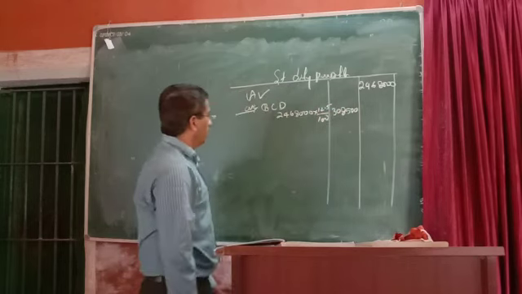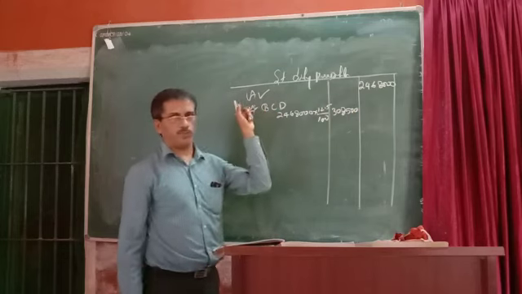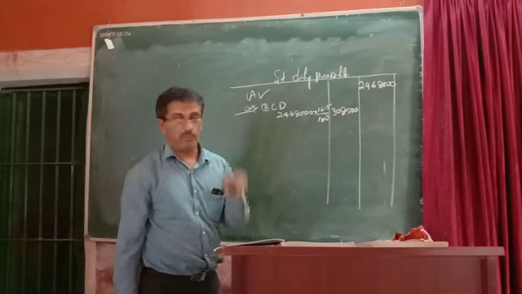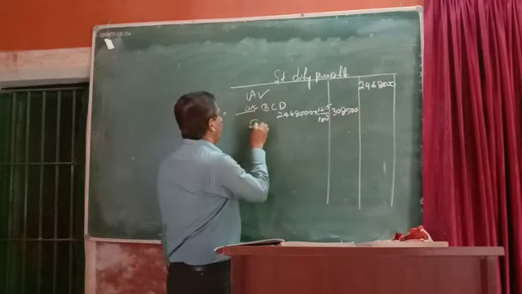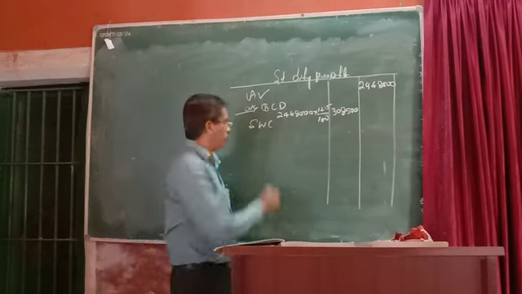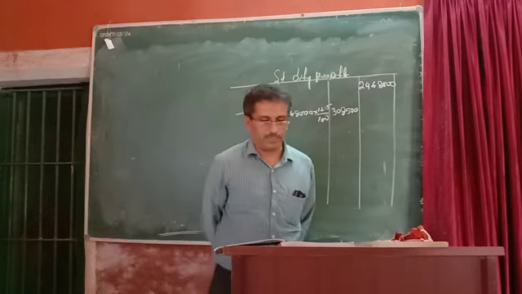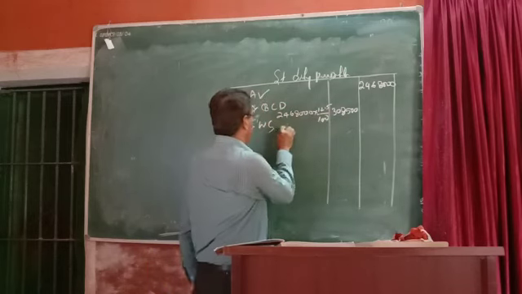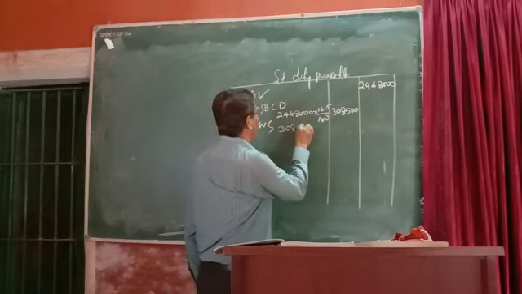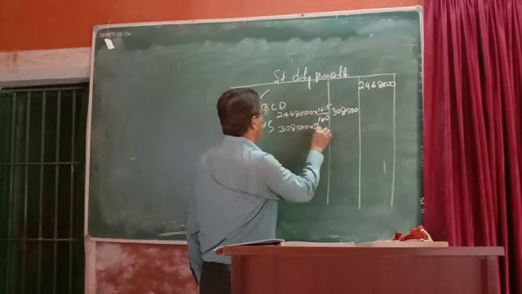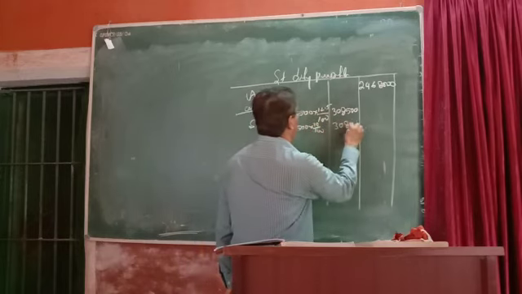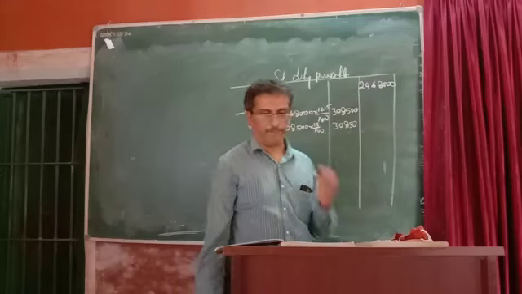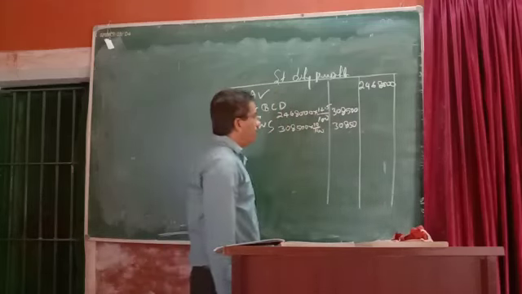3,08,500. If there is a BCD, we are forced to give social welfare surcharge, even though it is not mentioned in the problem. Social welfare surcharge is 10% on this. 3,08,500 into 10% should be 30,850. It is always on BCD.